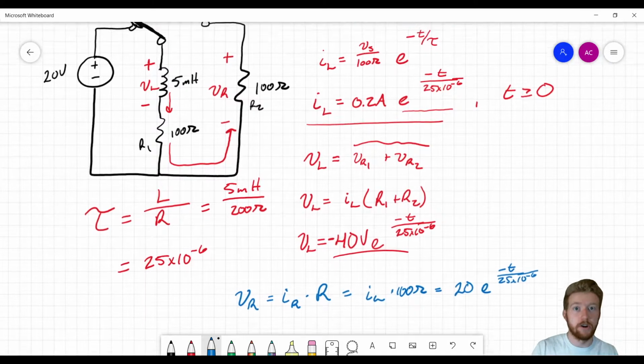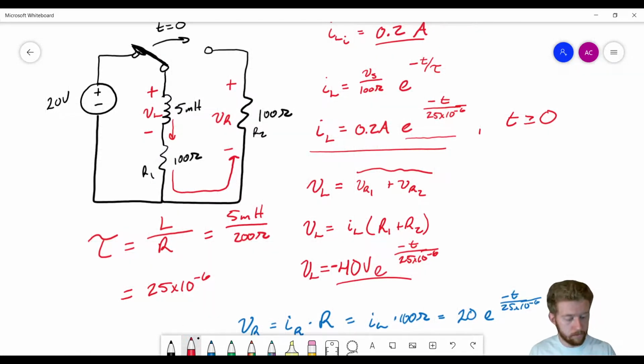But now we have to check ourselves again, because remember, I wrote this with the positive sign up and the negative sign down. But if we have a current going in this direction, okay, if we have a current through that resistor going from bottom to top, that means there is going to be a drop from bottom to top. Okay, so initially, if we had it written this way, then we would be expecting a positive drop, or that positive voltage.